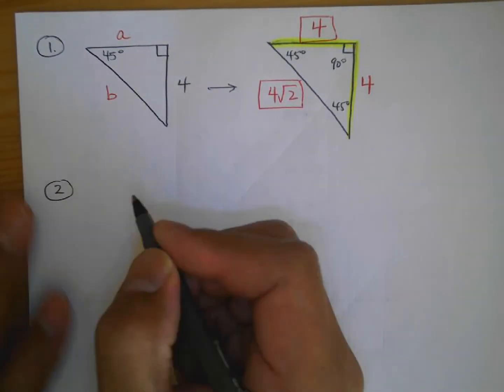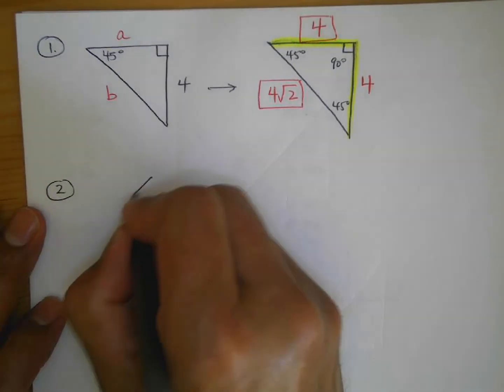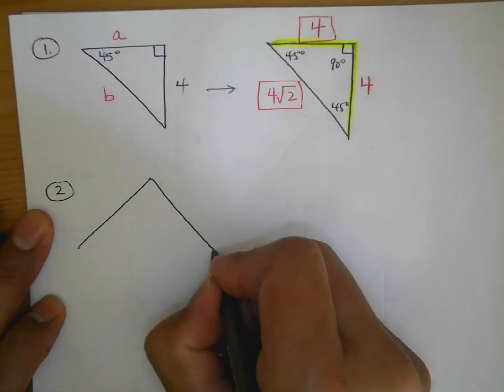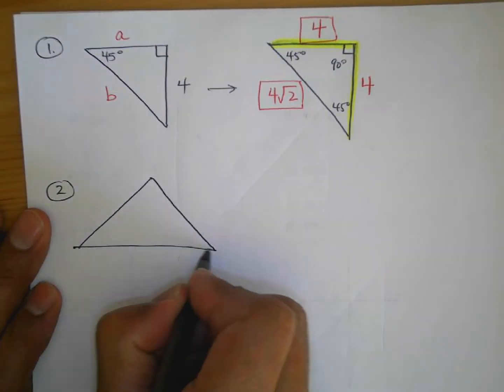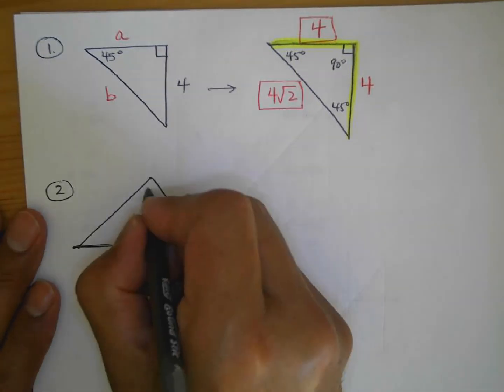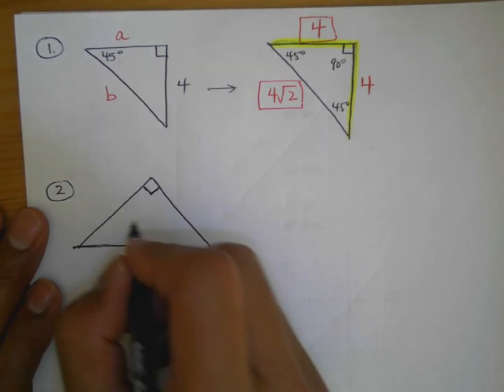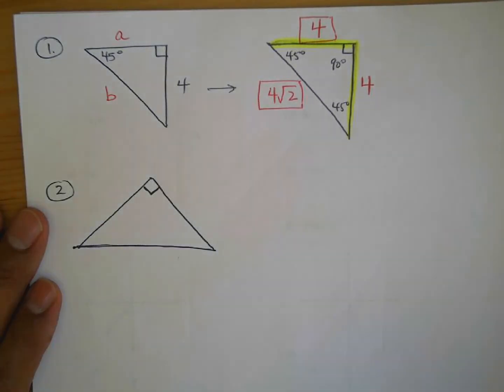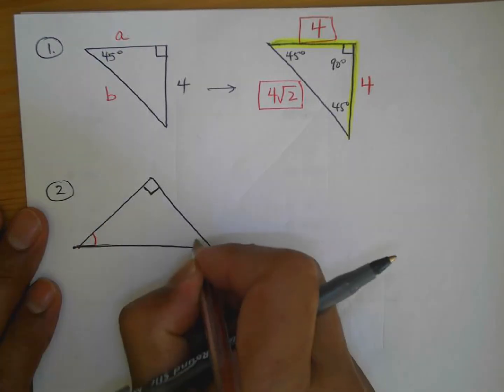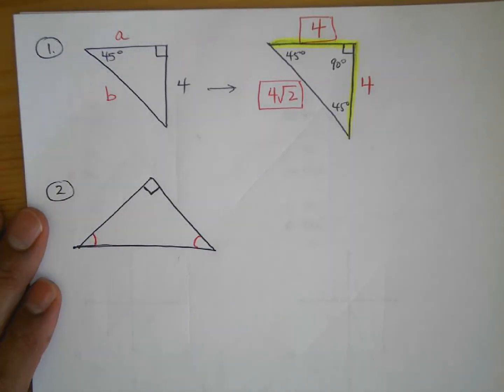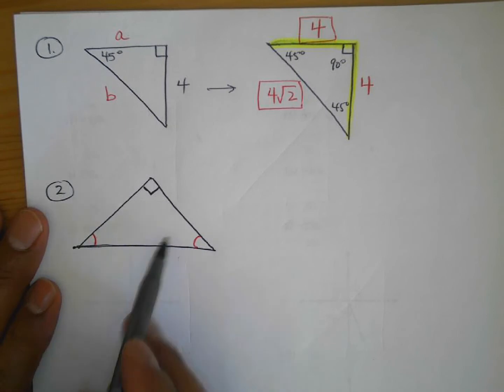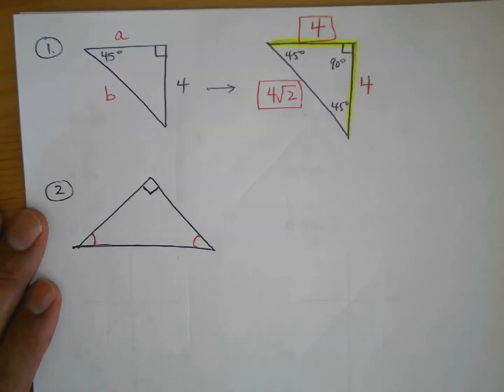Okay, number 2. What if they put, again, they're going to kind of turn these and try to make this look confusing. You just got to know which one's which. Here's the 90 degree. And again, sometimes they won't put that. They'll just put the markings of the angles, right? If these angles are the same and they don't put the angle 45, well, that tells you that these are 45.